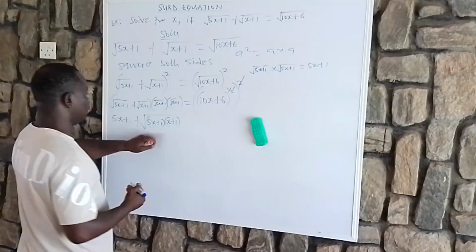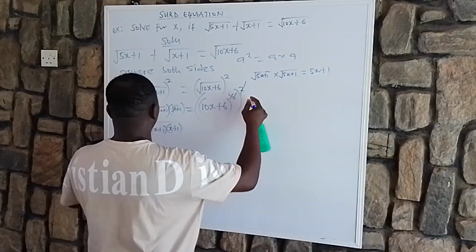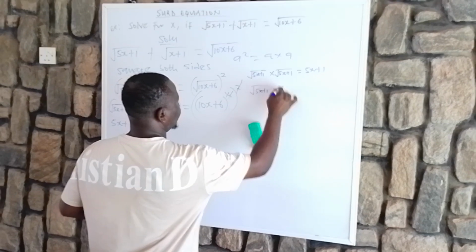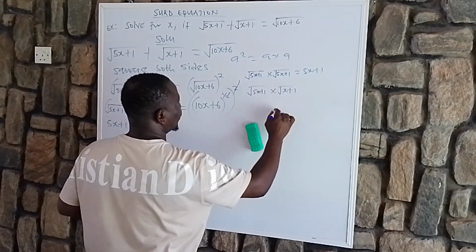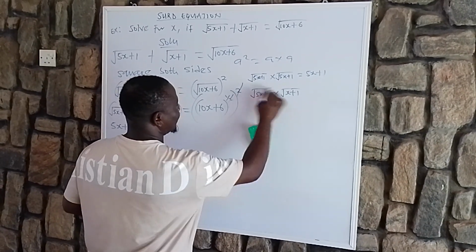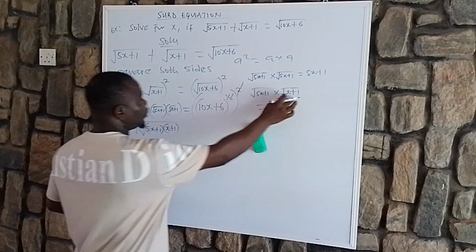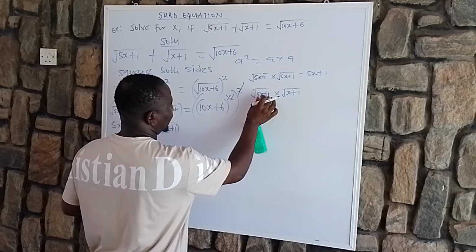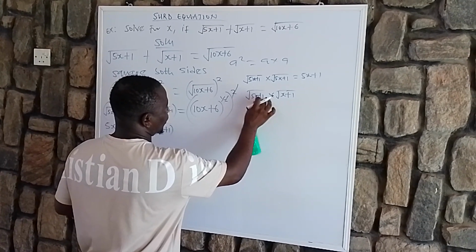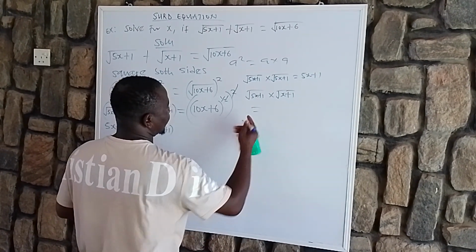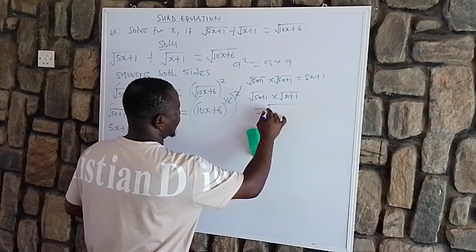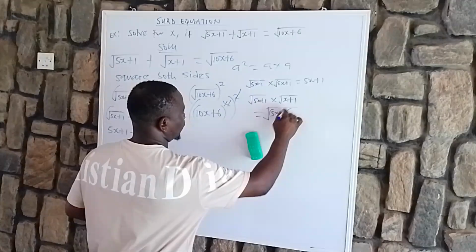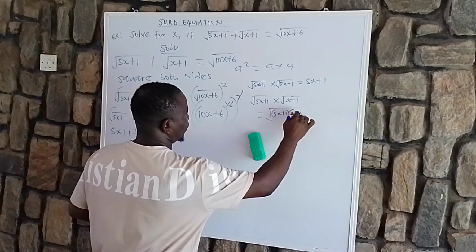I know some of you will ask, how come you are using root 5x plus 1 to multiply root x plus 1? Here we apply the multiplication law of surds. If two surds are multiplied, this is the same thing as the square root of 5x plus 1 times x plus 1.